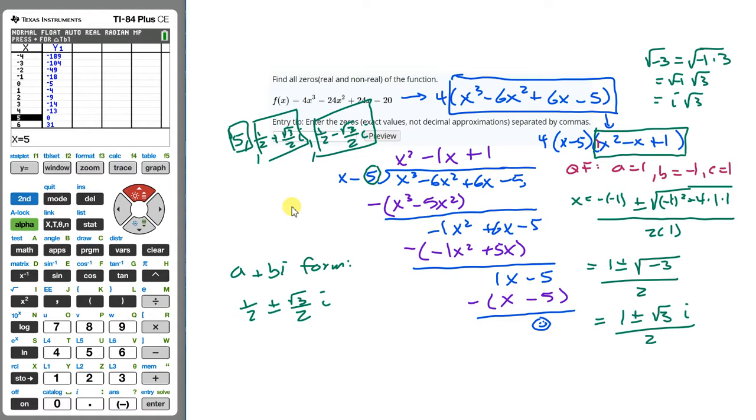So now, what if they wanted the factorization? I'd still have to deal with that 4. Basically, I could distribute the 4 back into any one of the factors.